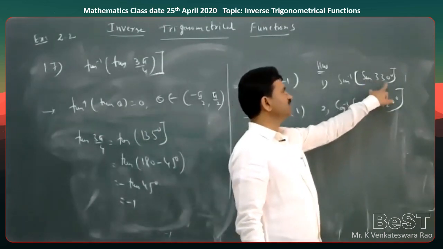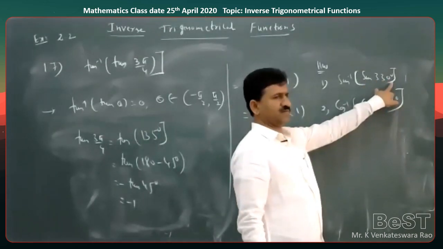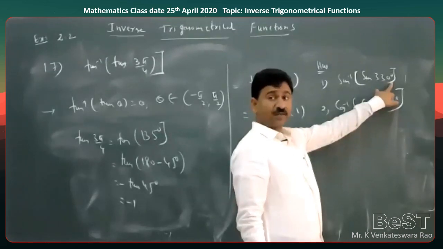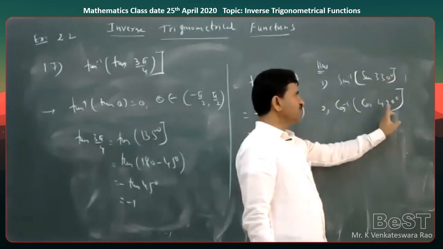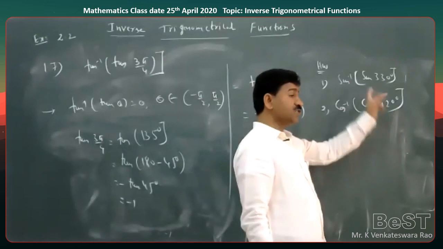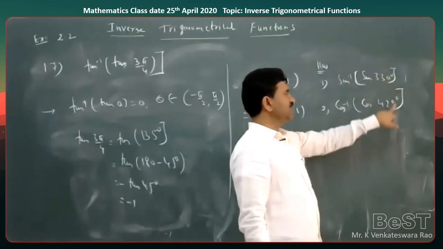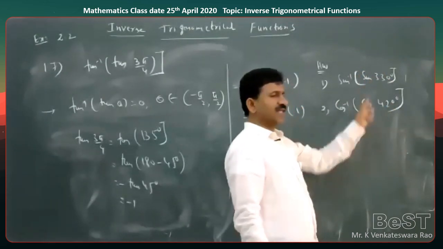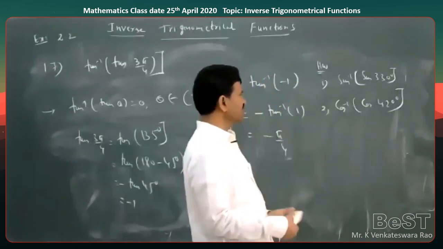Find this value. Sine of 360 minus 30 is minus sine 30. Cos of 420, 360 plus 60, cos 60. Like this you have to simplify. Many questions you can create.